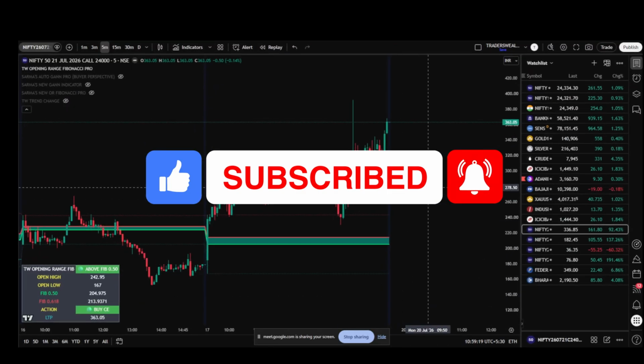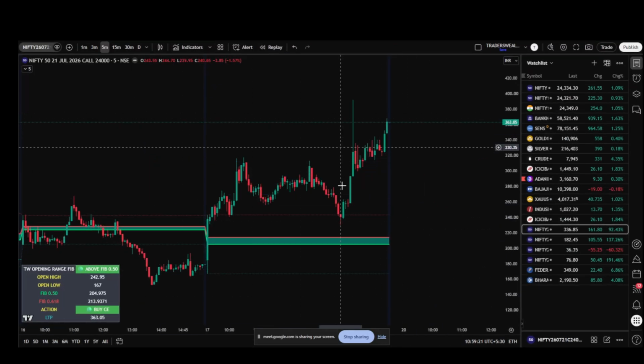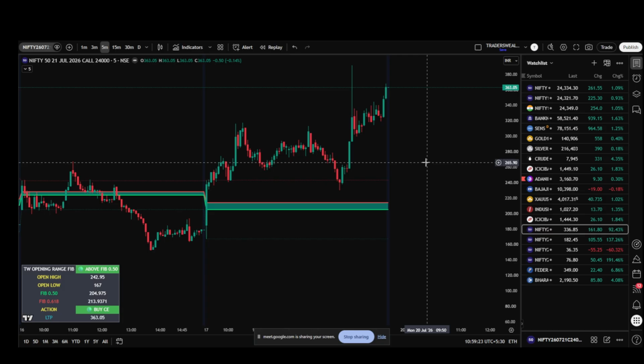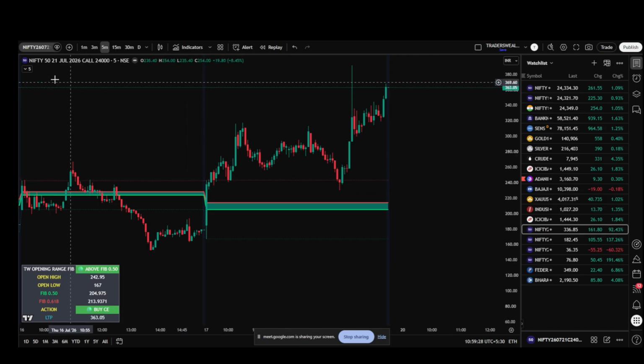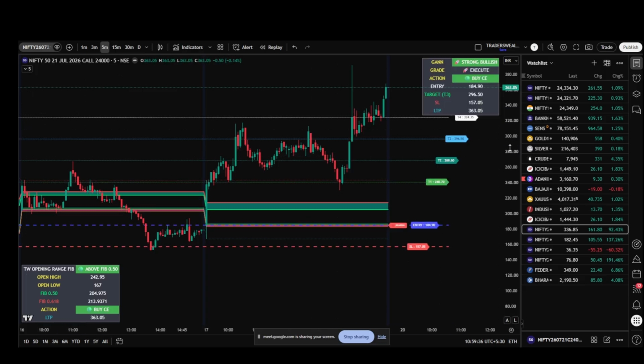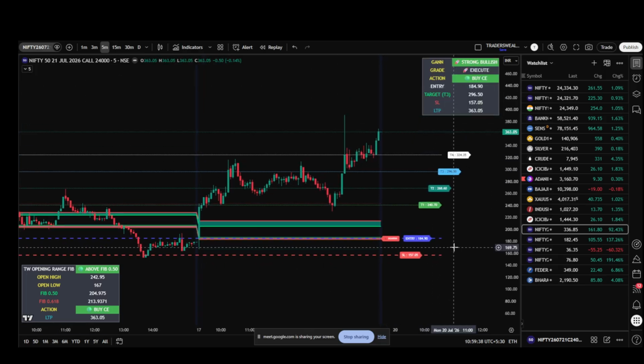So the first thing is that there are two indicators. One is Fibonacci with open price, the first candle high and low, and then the other one is GAN. Fibonacci and then GAN. I have made two different GAN indicators. One is only from the perspective of buyers.